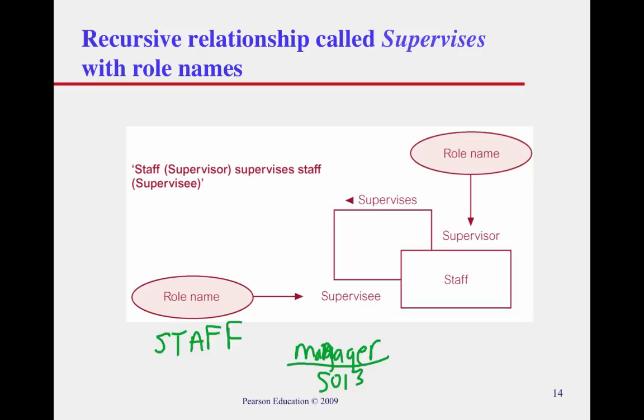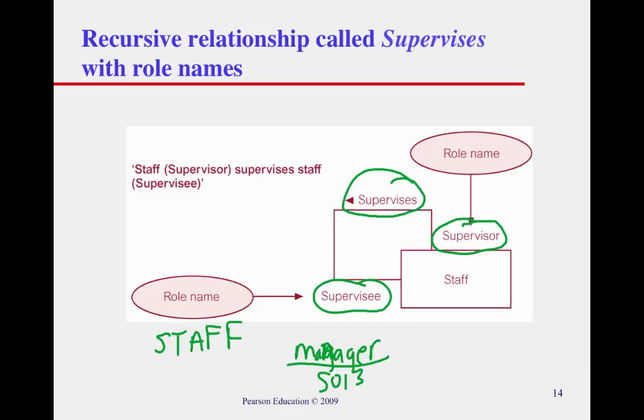That's a recursive relationship. And typically when you have a recursive relationship, when you draw it diagrammatically, you show the direction and you have each role listed. So not only do you have the verb indicating the relationship, but you also indicate the two nouns that indicate the two roles in the relationship.